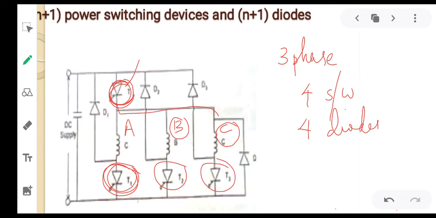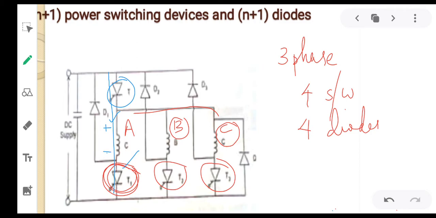So this T is common for every phase winding. When T and T1 are on, then as usual the current will be flowing like this, with polarity plus here, minus here.